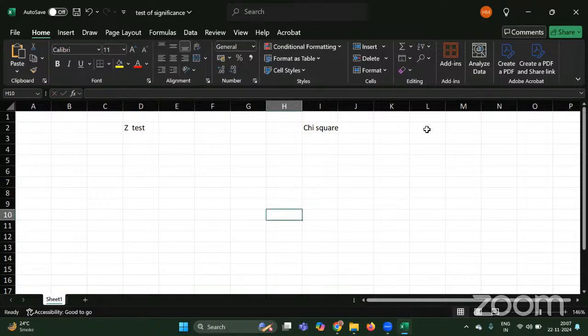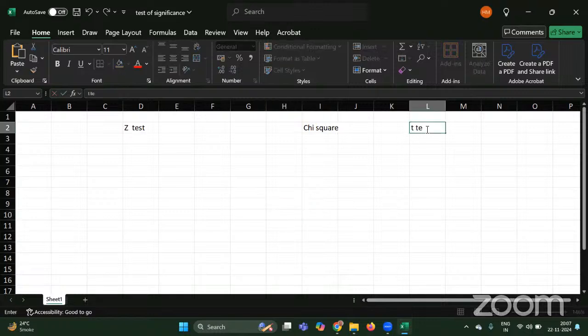We'll also talk about the t-test, where it is to be utilized, and the F-test. Once we go through this, then probably we can go to some other tests. So these are the main things to be discussed initially.